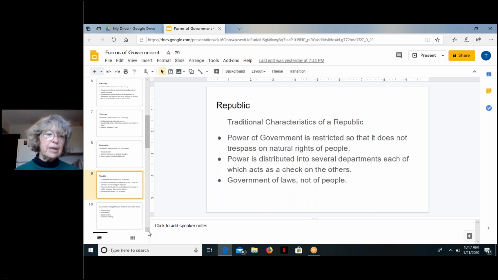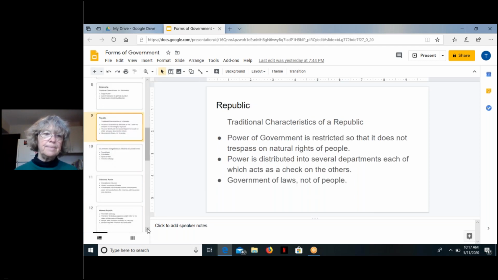Now we have the republic, and the United States is a republic. The traditional characteristics of a republic are that the power of government is restricted so that it does not trespass on those natural rights of the people. So we go back to the origin of government being a compact, a social compact.